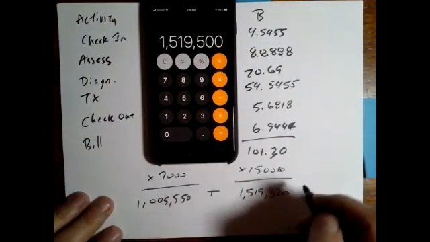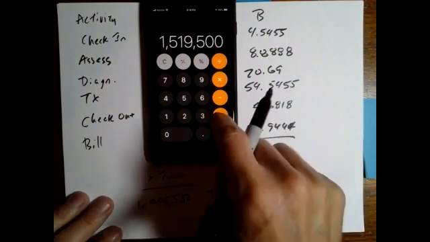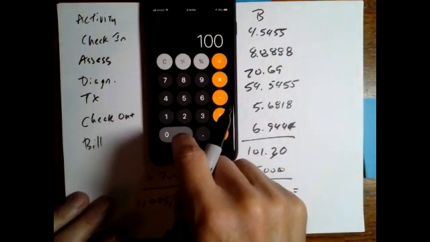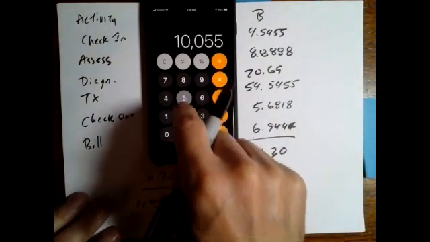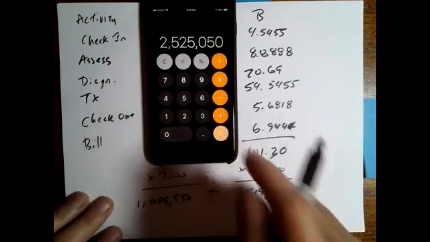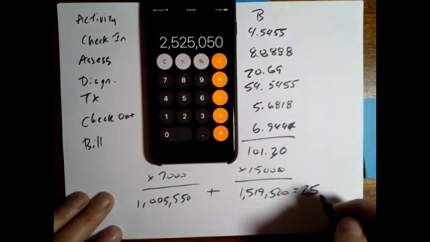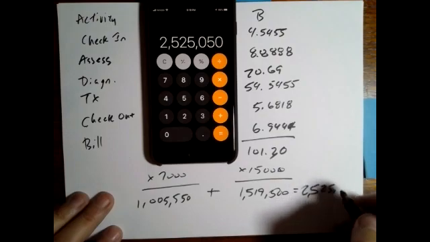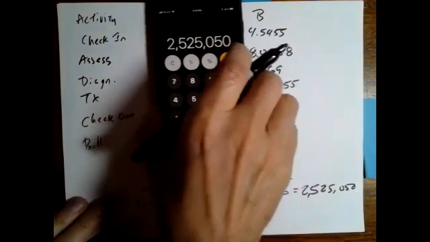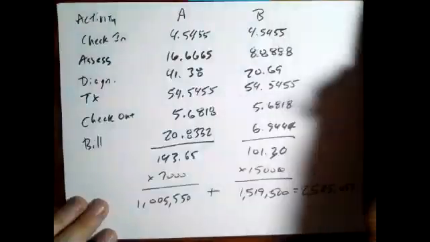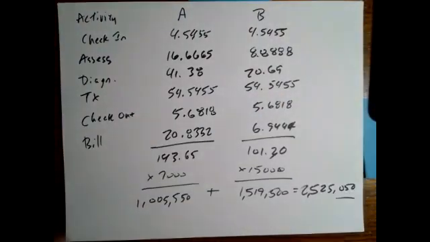So if we add across, we get 2,525,050, which is about $50 off. Not bad, considering all the rounding we had to do. So that is part C.